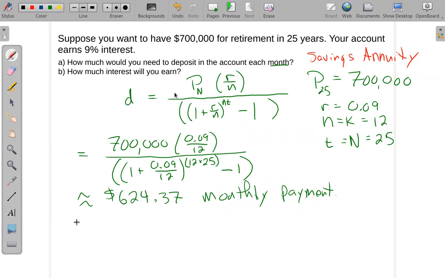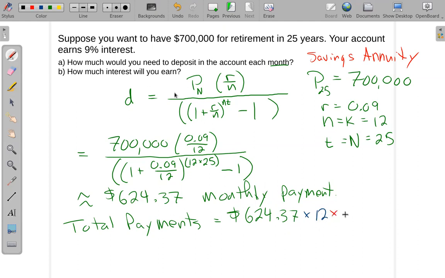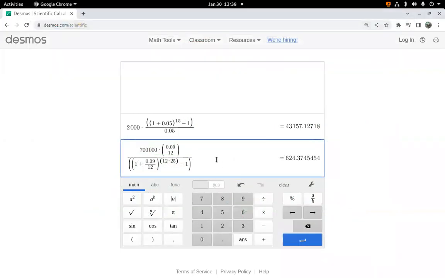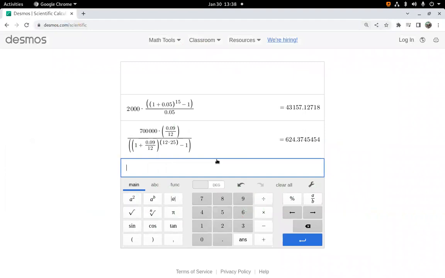Well, we know for our total payments, that each month we pay $624.37. Now that's going to happen every month, 12 months in a year, for 25 years. So this calculation right here are my total payments. Let's see how that compares to what I'm going to end up with in the account, the 700,000. So I'm going to take my rounded version of that answer instead of using the previous answer button, $624.37.